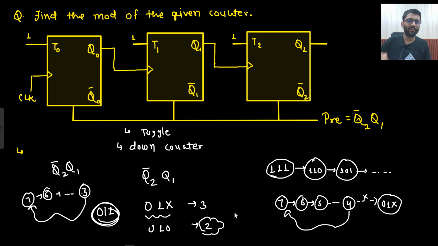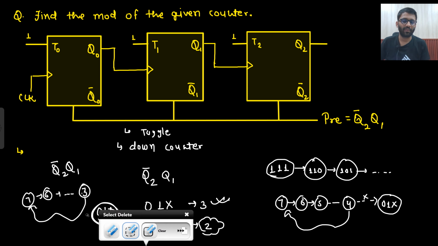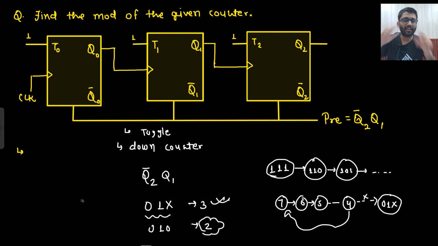The larger one. Why am I picking the larger one? Because if I pick the smaller one, then the larger one will be there in the loop, and that I don't want. The loop should be broken before 3 only. So I will pick the larger value.